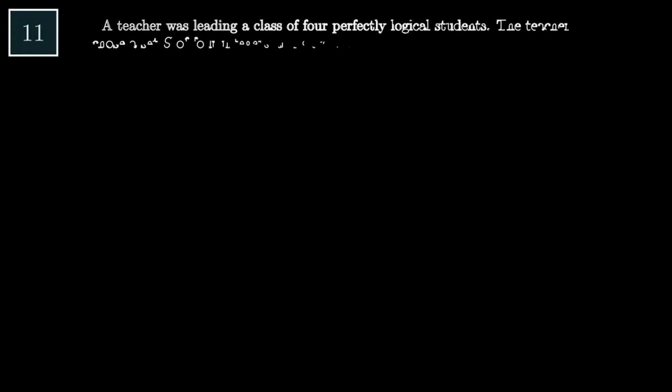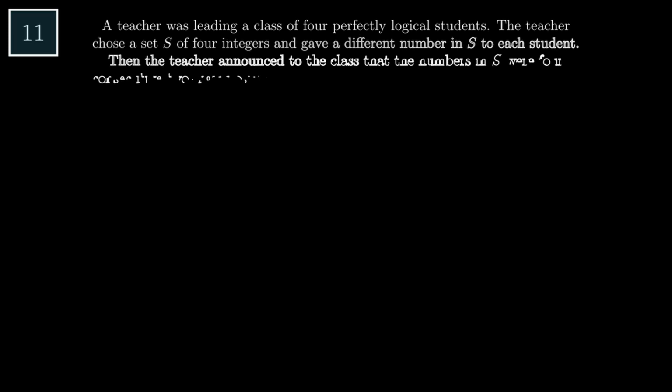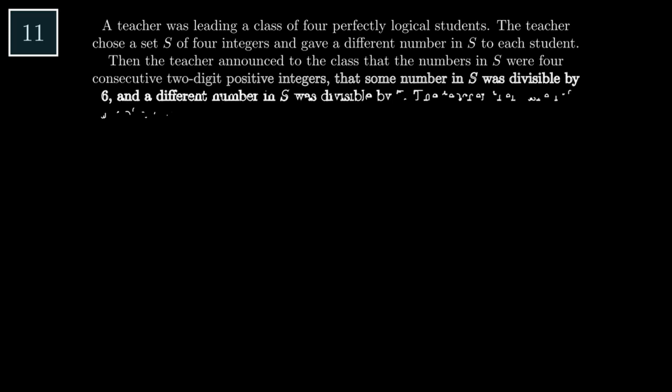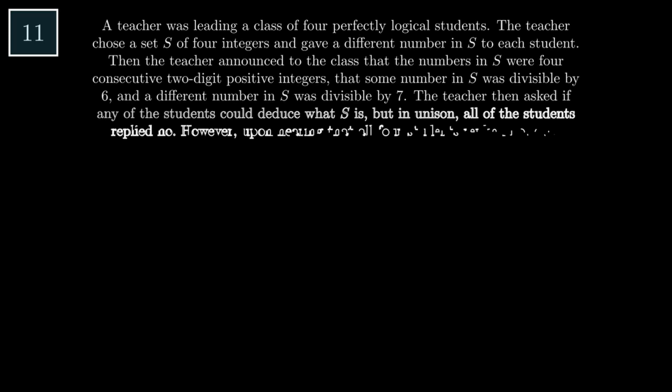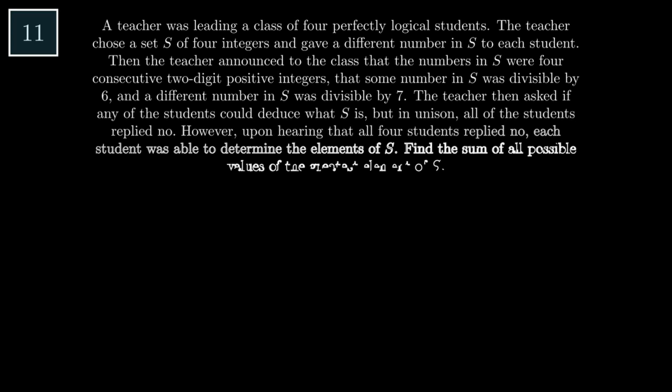So let's get started with the problem statement. The problem says, a teacher was leading a class of 4 perfectly logical students. The teacher chose a set S of 4 integers and gave a different number in S to each student. Then the teacher announced to the class that the numbers in S were 4 consecutive 2-digit positive integers, and that some number in S was divisible by 6 and a different number in S was divisible by 7.